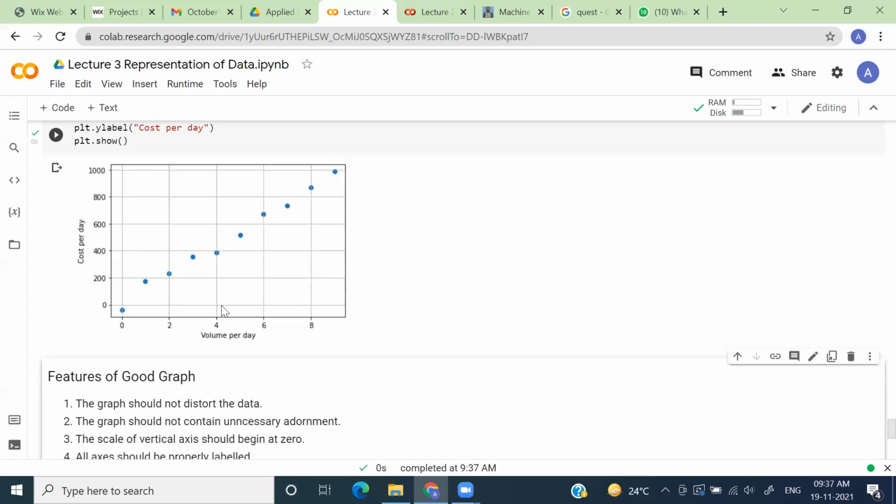Also, just keep one thing in mind: you're trying to communicate something with your audience with these visuals. Many times the people to whom we are trying to communicate may be colorblind also, and we don't know that part. So it's good that we use fewer colors, or even if you have to use colors, choose them keeping in mind that the people perceiving your figure may be colorblind.